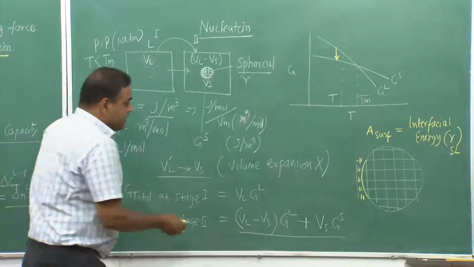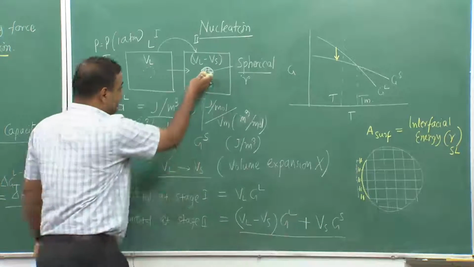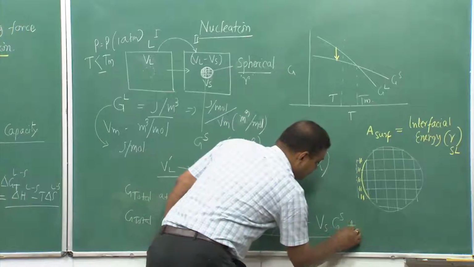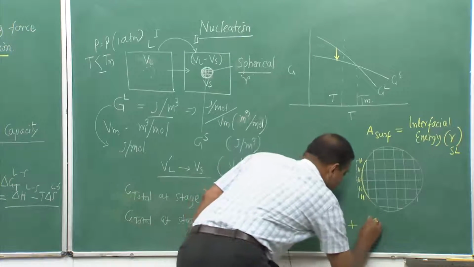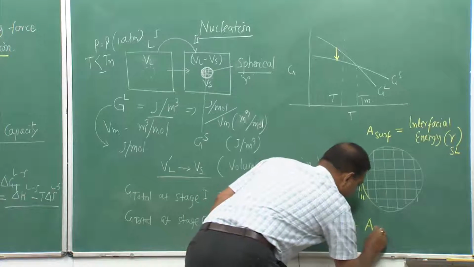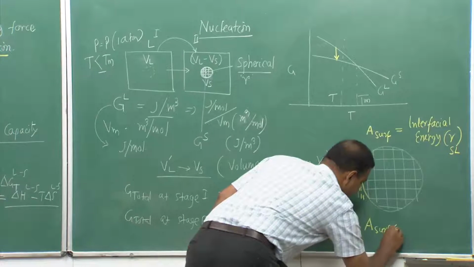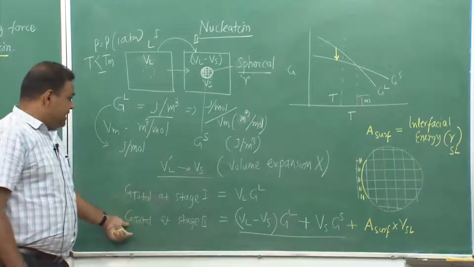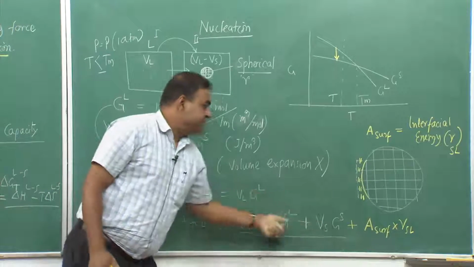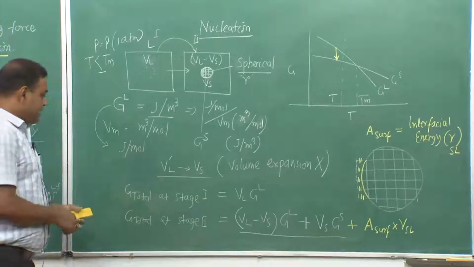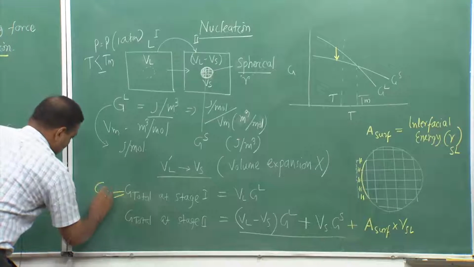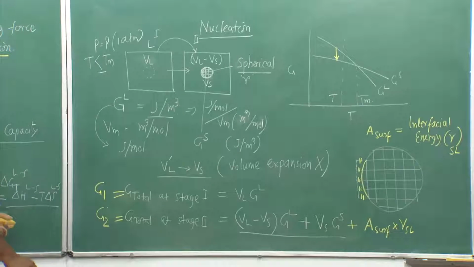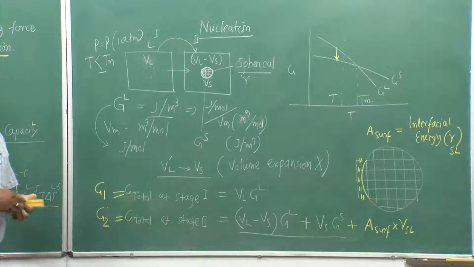Okay. So, now here the story does not end, because since I have created an interface, I do have to consider the interface energy part, the total interface energy, which is A surf into gamma SL. So, that means at stage 2 I have these many energy terms. Now, if I consider this to be G1, which is initial, and this G2, which is final, I can find out what is the difference in energy. Okay.